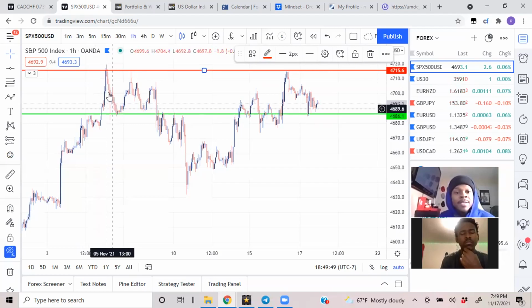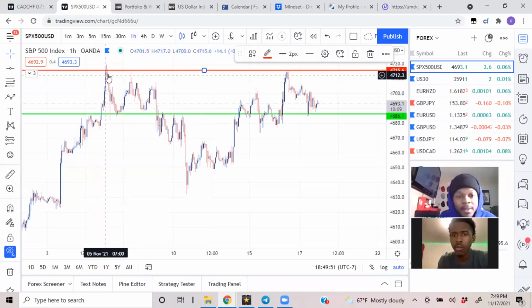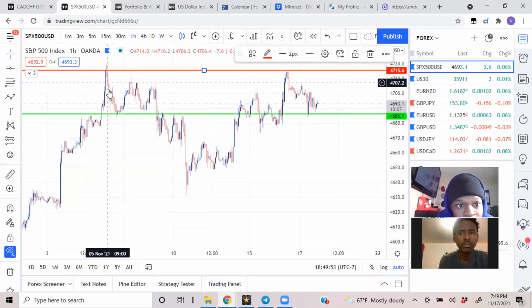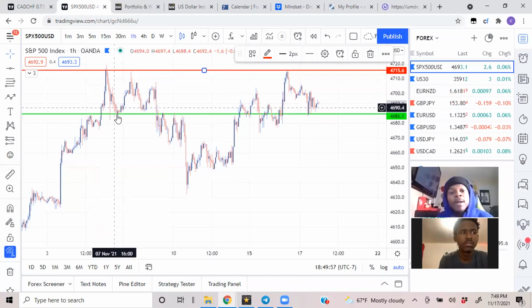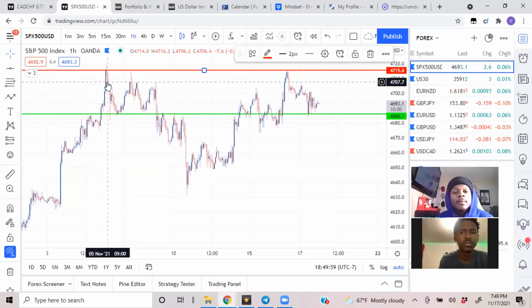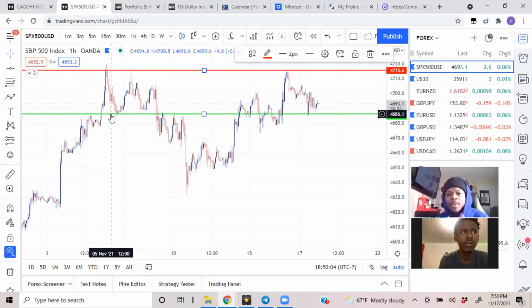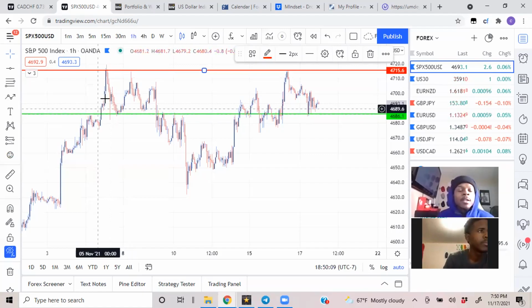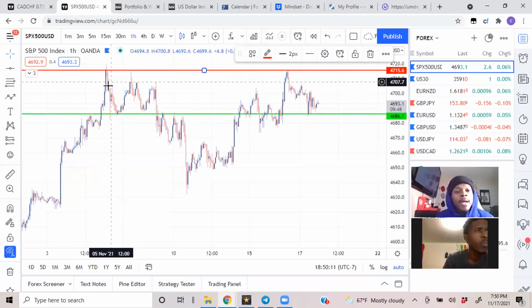It sold off consecutively for like 1, 2, 3, 4, 5, 6, 7, about 8 candles. So it sold all the way down for like 8 candles. That tells me, okay, that was a very strong level of resistance, right? So that is one level of support and resistance.